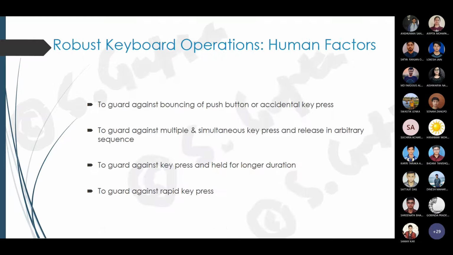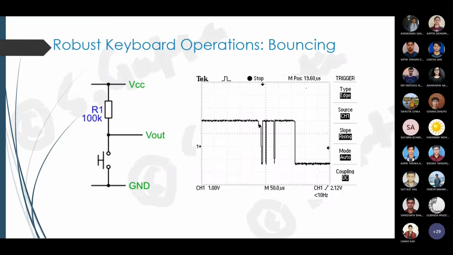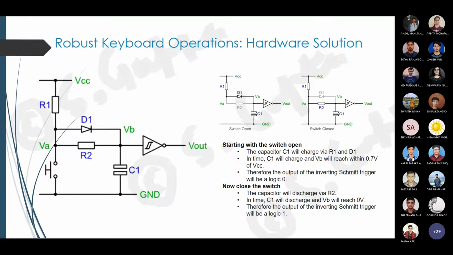We have also seen why we need debouncing, which we have already discussed in our earlier videos. If you have forgotten it, you can go through and brush up on the earlier lectures.